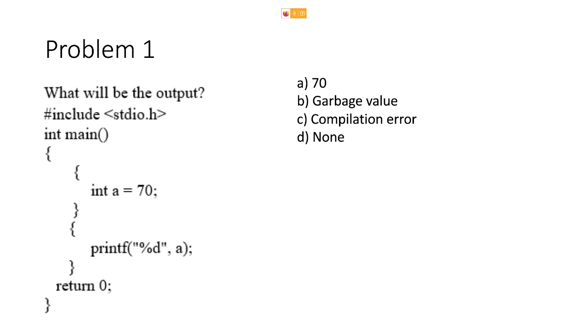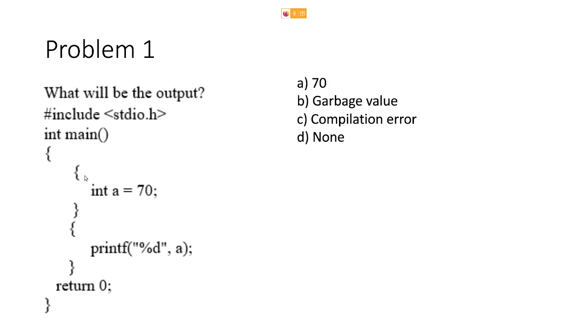But option A is actually not true because these curly braces in C are used to define blocks, and that limits the scope of a variable. Scope of a variable means the region in which that variable can be used.